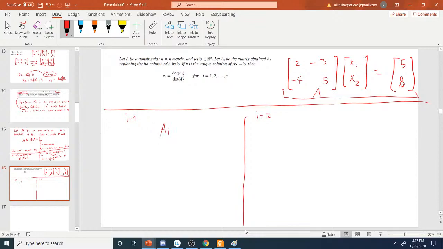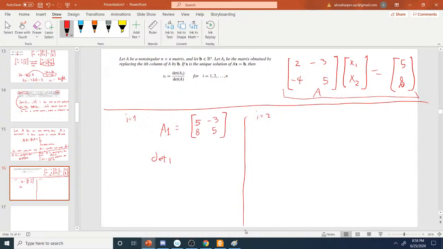A1 is going to be the matrix obtained by taking A and replacing the first column with 5, 8. So A1 is 5, 8 in the first column, and negative 3, 5 in the second.